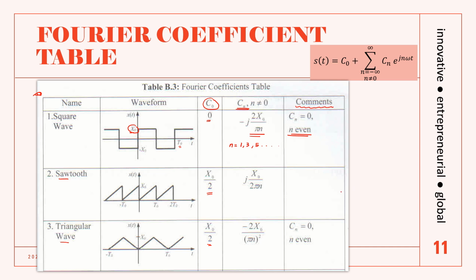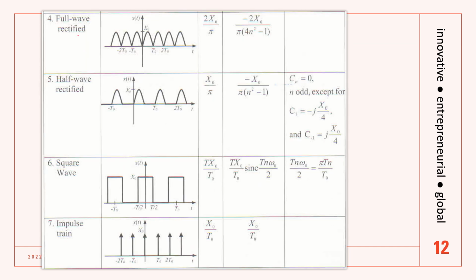The only difference is in the Cn and the comments here, so please pay attention to the comments. Altogether, we have 7 types of signal: square, sawtooth, triangular wave, full wave rectified, half wave rectified, square wave, and impulse train. Please get familiar with this table.